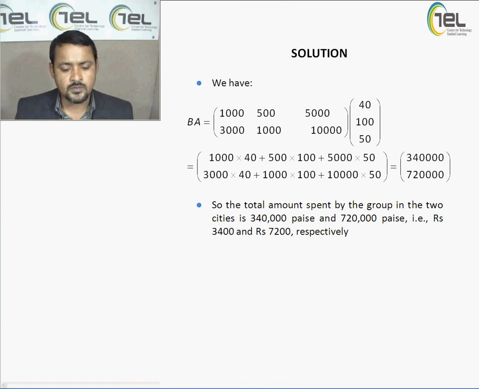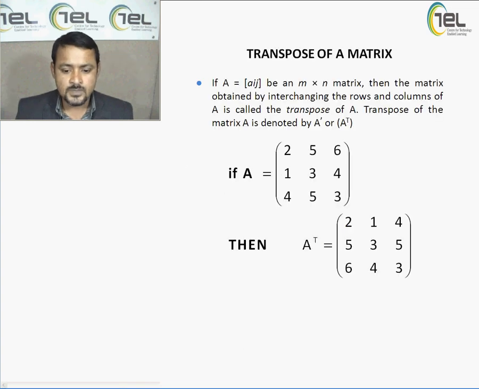So the answer in rupees is 3,400 and 7,200 respectively for both the cities. The point to remember is that we will not be able to multiply A into B, so we cannot calculate AB; we must reverse the order. So we are calculating BA. That is perfectly possible.